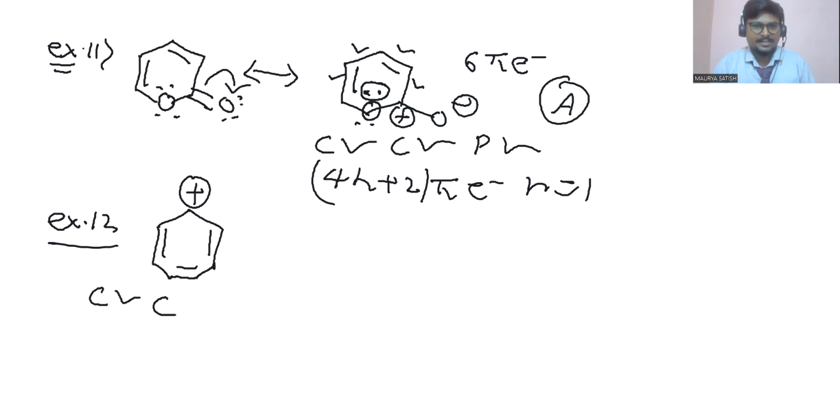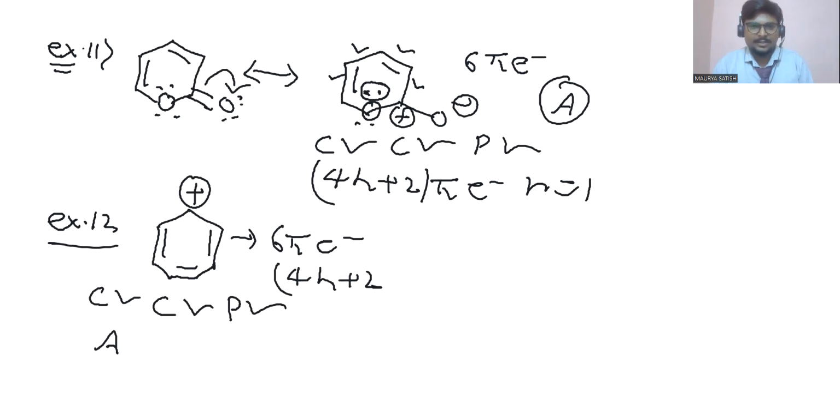Yes, pi, sigma, charge, sigma, pi; in the whole ring conjugation is there. Planar is also there, and 6 pi electrons are there. So it is also aromatic. It satisfies 4n plus 2 pi electrons. If you put n equals 1, you will get the 6 pi electrons. That is an aromatic compound.